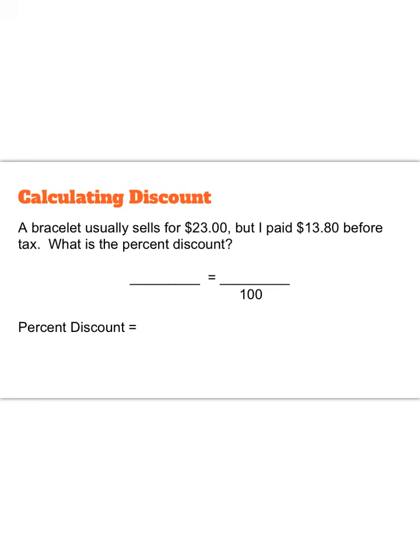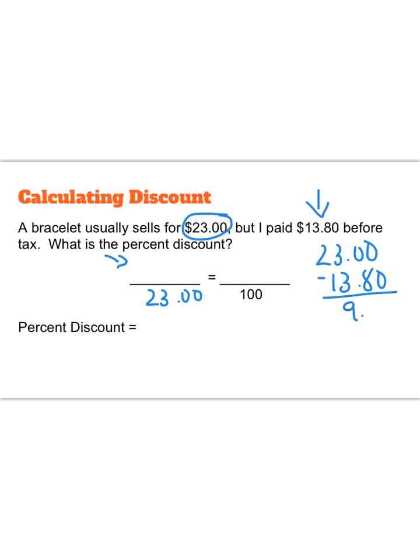All right, again, we have to be a good thinker on this one. It says a bracelet usually sells for $23. So I know that that's the original price, and original price always goes down here. But I paid $13.80. And remember, this is the amount of our discount. So if it originally was $23 and I paid $13.80 of it, that means that if you pick up your calculator, you saved $9.20.